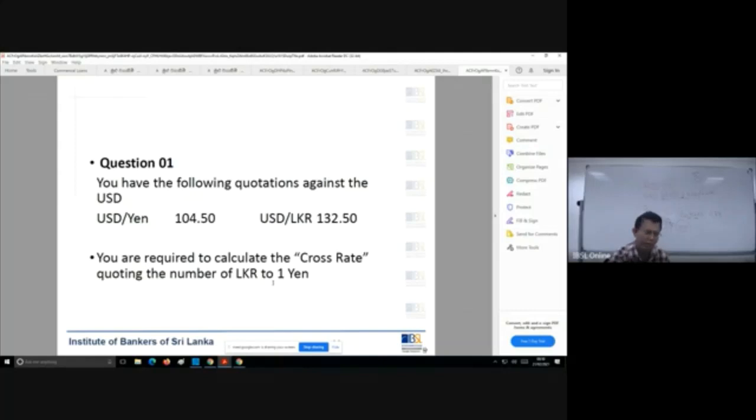Now same questions, right? Now USD yen, finding out the cross rate.